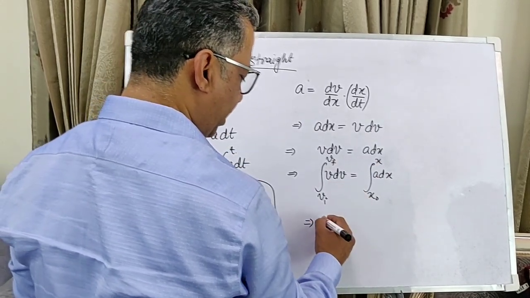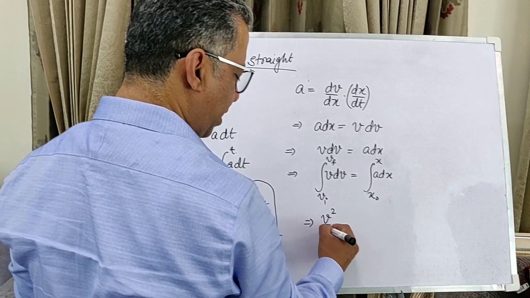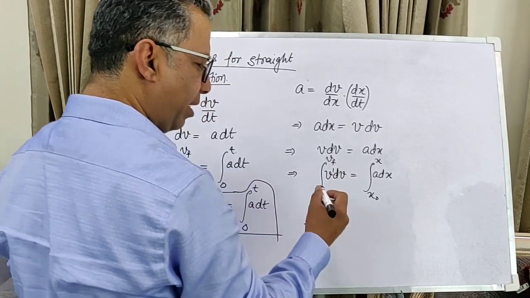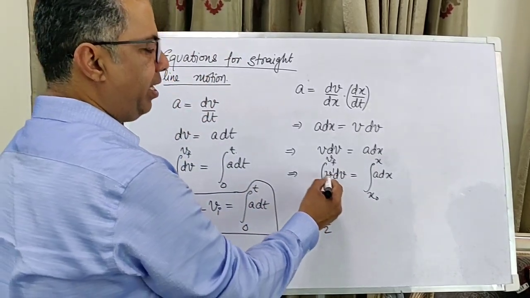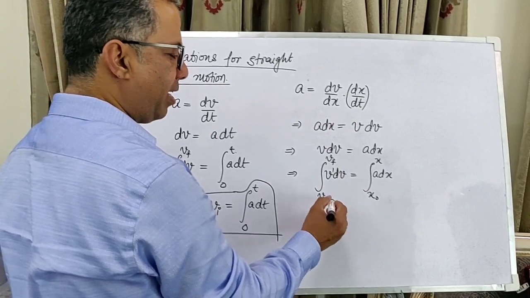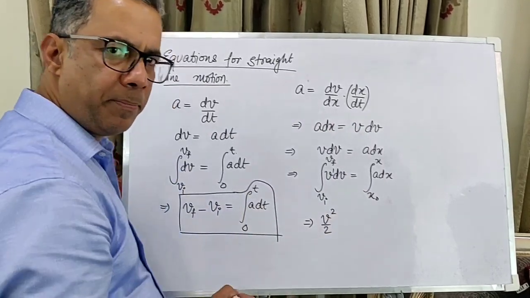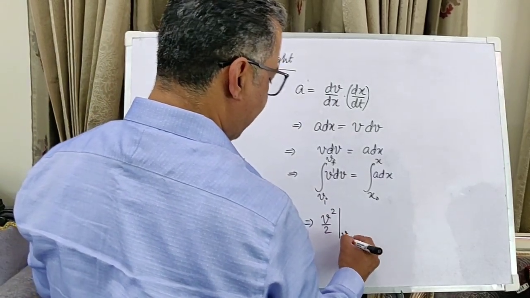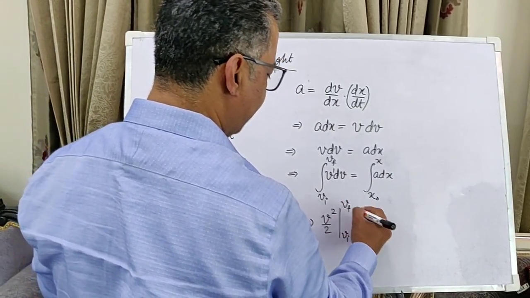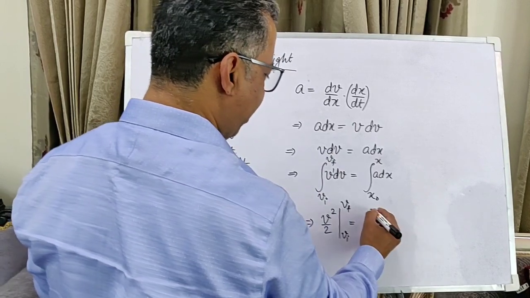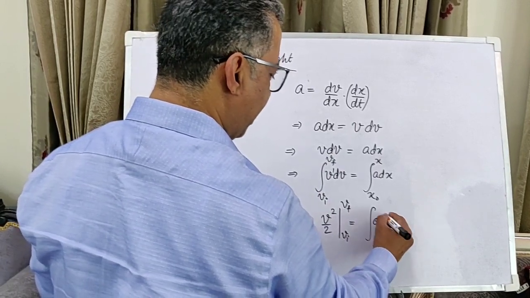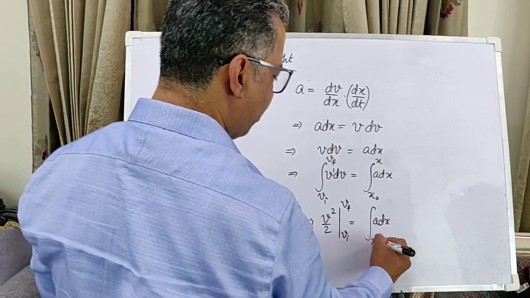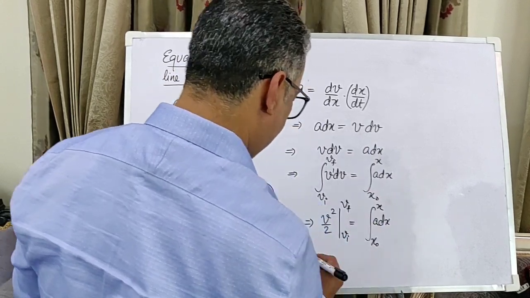Now v dv integrated gives us v square by 2. If you recall, v to the power 1 we have here. When we integrate, we increase the power by 1 and divide by that increased power. The limits will be vi to vf, and on the right hand side we have the integral of a dx from x naught to x.